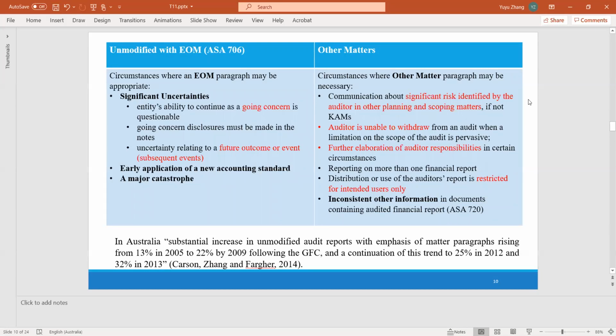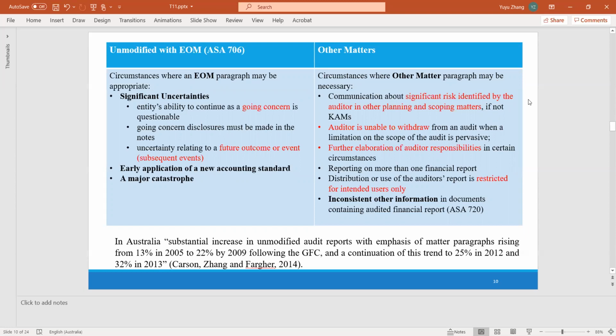So in other situations, the auditors might issue the unmodified opinion with other matter paragraph. For example, the auditors want to communicate some significant risks identified in their audit procedures. If they are not included in the key audit matter paragraph, auditors may disclose that in other matter paragraph.